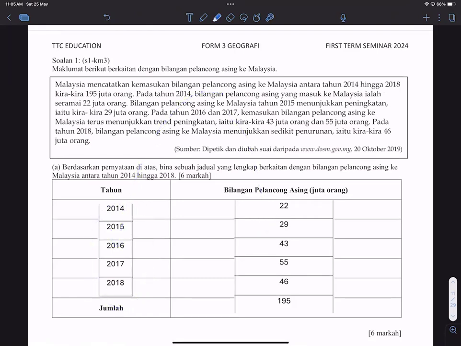So if you guys need to highlight from 2014, 22, 2015, 29, 16 and 17 is 43 and 55. So the last one, 2018, is about 46. So you just try to list out all the data according to all the tahun. Then you can try to sum up with 195. So not every question is going to provide you the total number. You have to sum up by yourself.